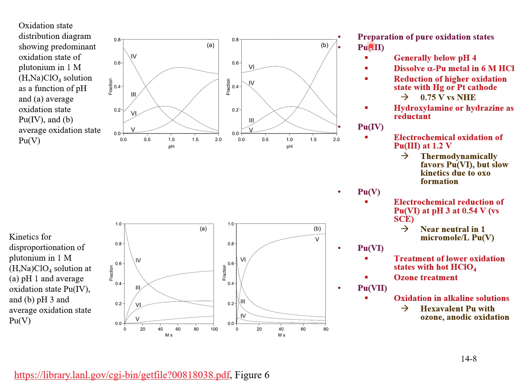If you were to make a 3 or a 4 plutonium oxidation state, you would take your solution and reduce it to the 3, for instance using hydroxylamine. Then if you wanted to make it to the 4, oxidize that up. Conversely, if you wanted to make the 6, oxidize everything to the 6. Ozone's a very good route for doing this. And then if you wanted to make the 5, reduce the 6 to the 5.